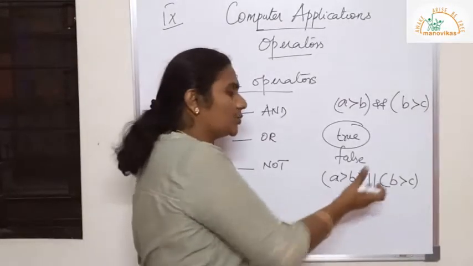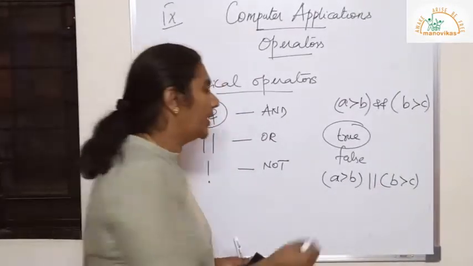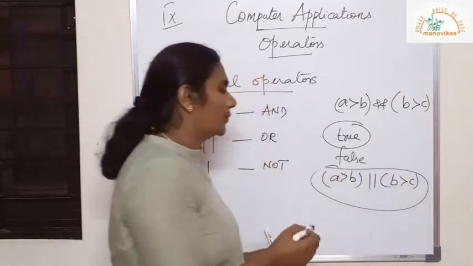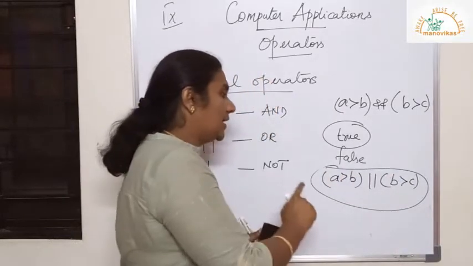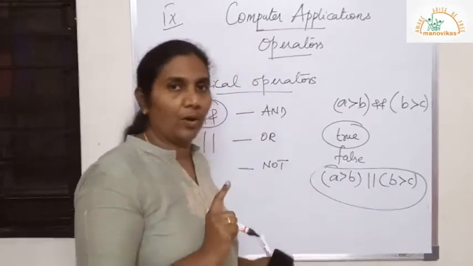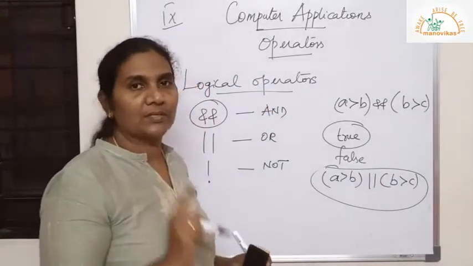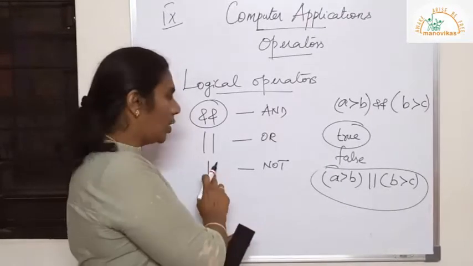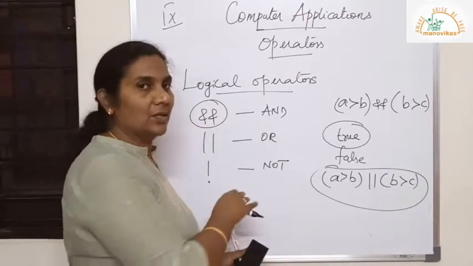If any one of these expressions gives a result as true, your entire output will be true. In case both the results are false, your output will be false. That's the difference.